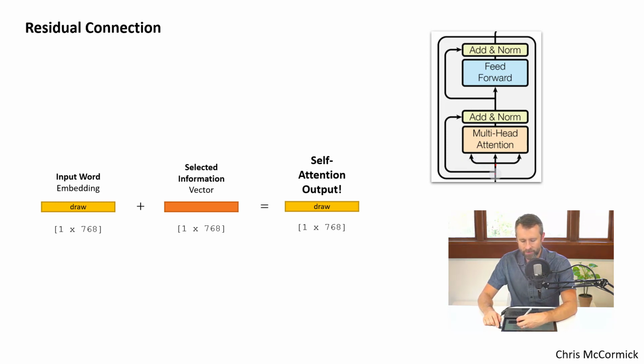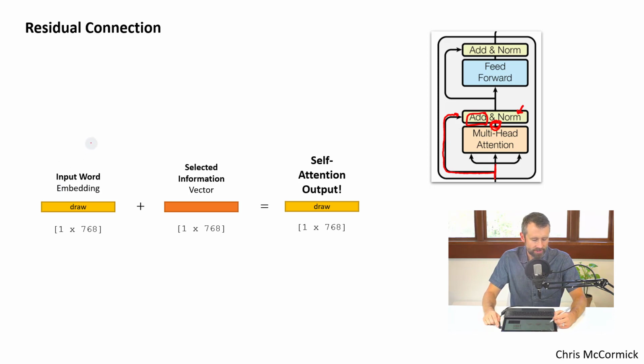We have our inputs going into multi-head attention, but then we also have this line where we're taking the inputs and bringing them up to the output of multi-head attention. So we're adding the output to our input vectors. Then we're also doing this step of layer normalization, but that one doesn't have an impact on the interpretation of the self-attention output, so it didn't feel as important to cover here.